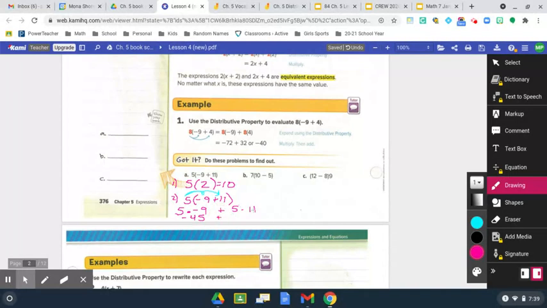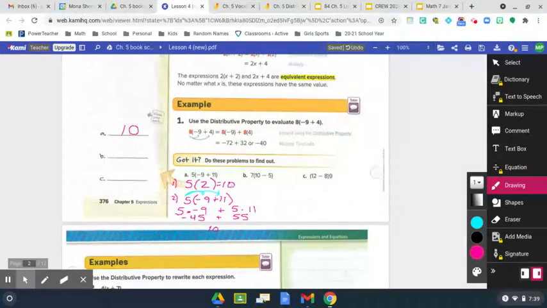Plus 5 times 11, 55. At this point, I still need to finish. -45 plus 55, you have opposite signs again, and when you have opposite signs, you subtract. Sign of the larger value. This is also going to give you an answer of 10. So in letter A, when you evaluate that expression, you have an answer of 10.